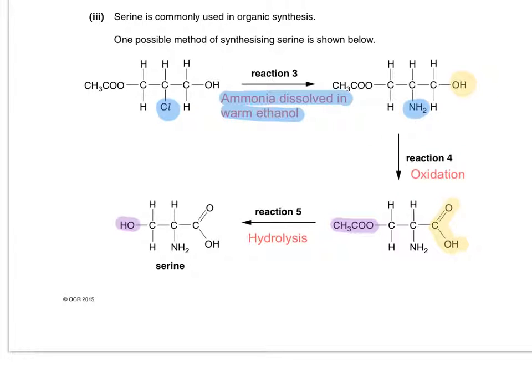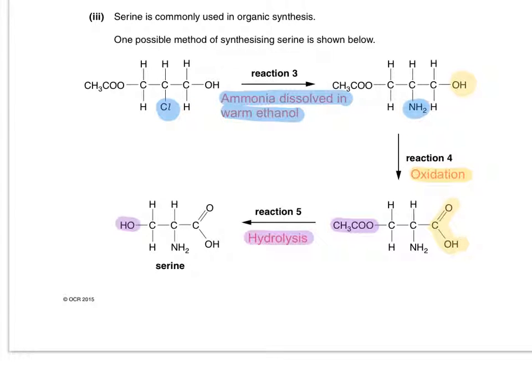The type of reaction to change the alcohol group, highlighted in yellow, into the carboxylic acid group in reaction 4 is an oxidation. And the type of reaction to change the ester group, highlighted in purple, into the alcohol group in serine, also highlighted in purple at the end of the series of reactions, is a hydrolysis.